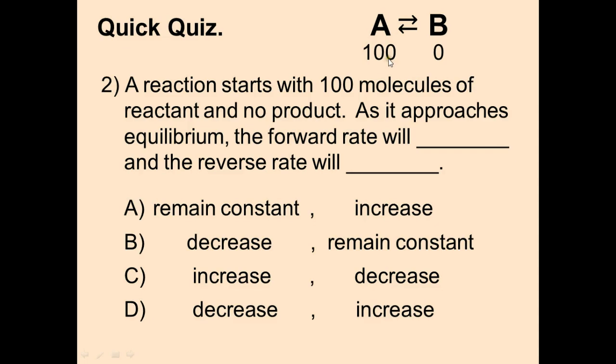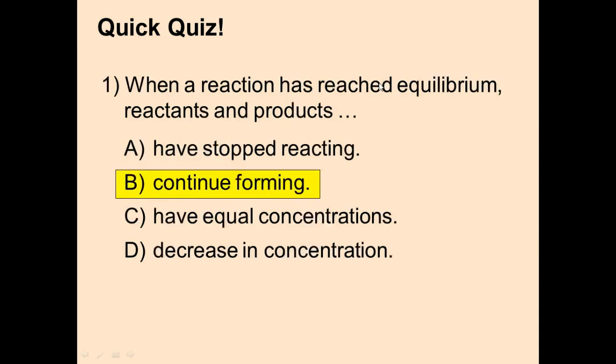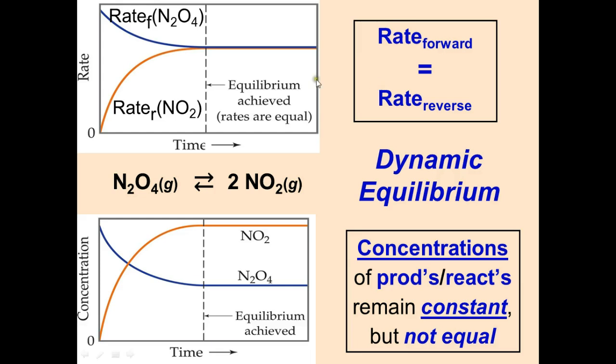Let's just look at the chart as a visual. Here we have the rate of reactants and products. As we start, at 0, 0, there's a lot of reactants and 0 products. Notice how reactants goes down, because as we start reacting, at first it's very high, but then the rate lowers.